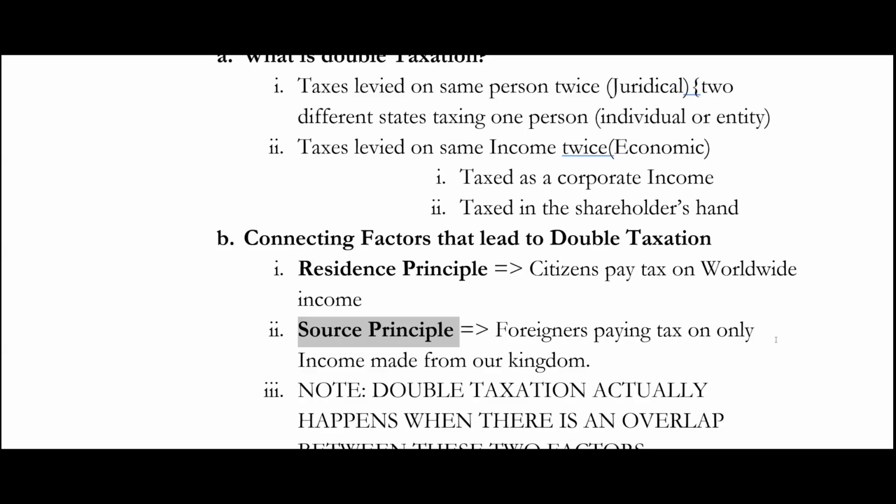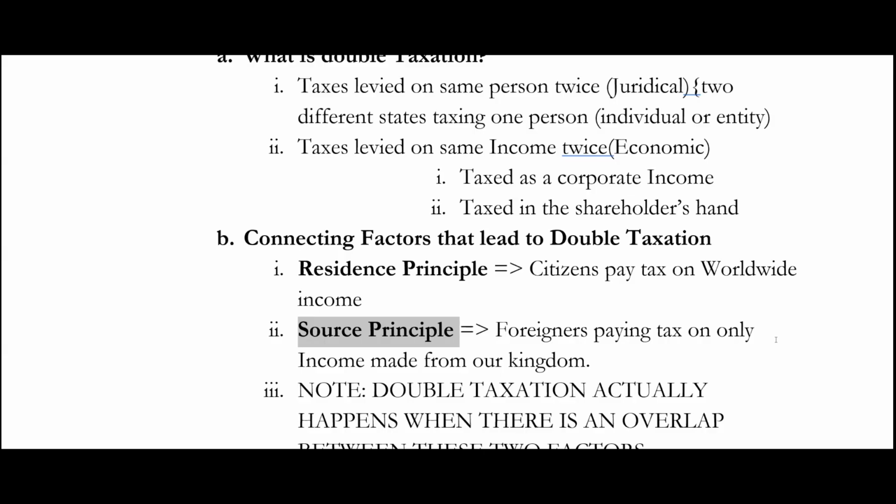Would the source principle apply to it? Yes, it will, because it is sourced from a particular country, right? When we say source, we mean where did it come from? The source of the money. It came from that country. So we can say that the source principle, they must tax that money, right? Because he's a foreigner, he must contribute his fair share.